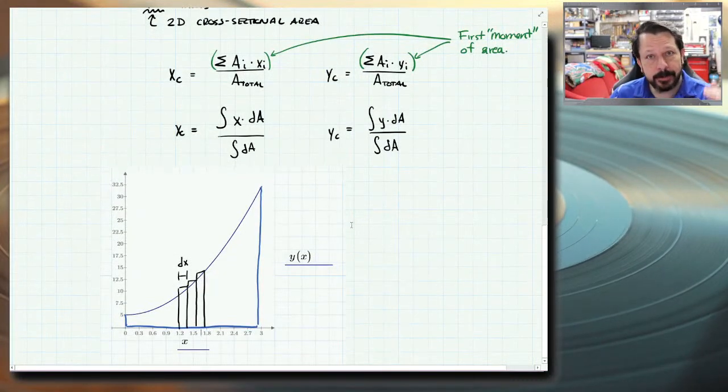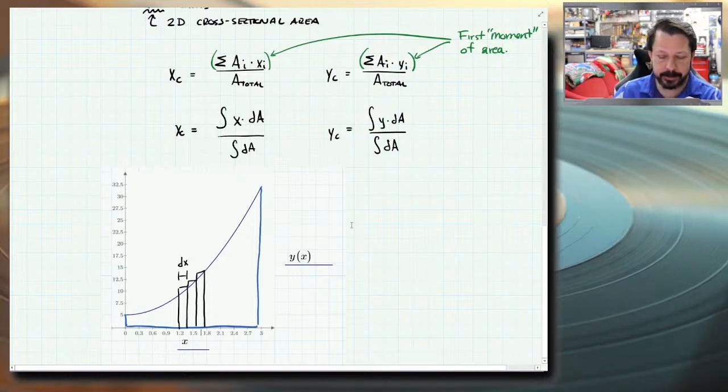We could do horizontal also and have a dy thickness, but it's actually going to be a little easier in this case to do a dx thickness.